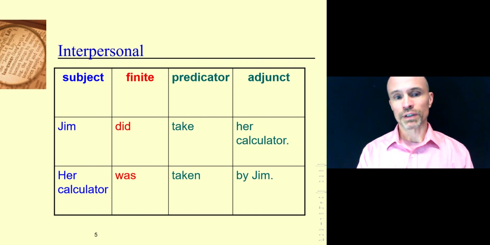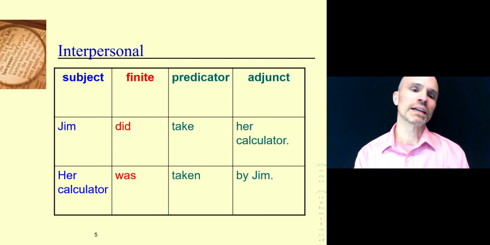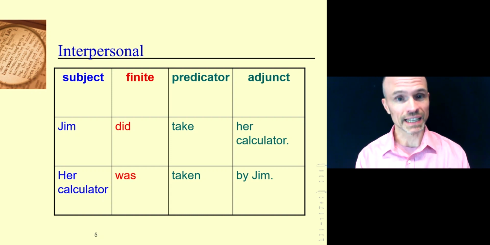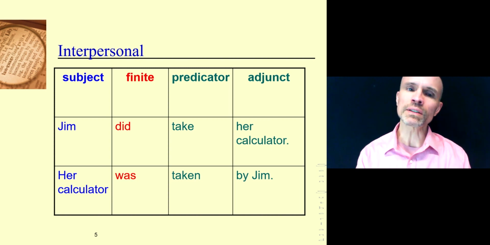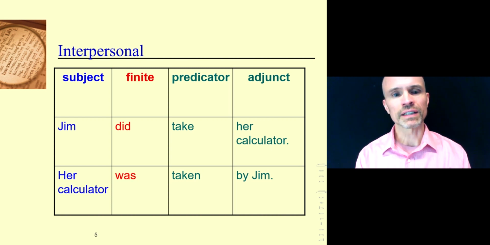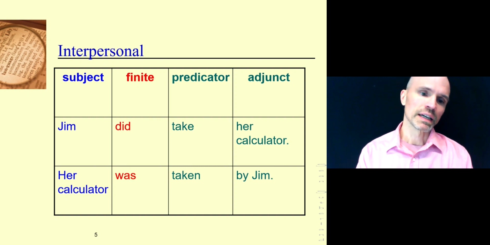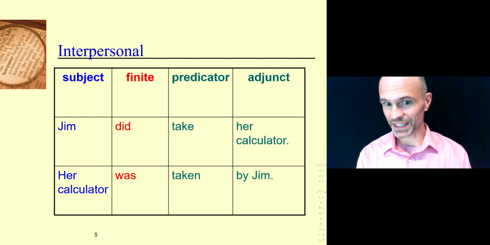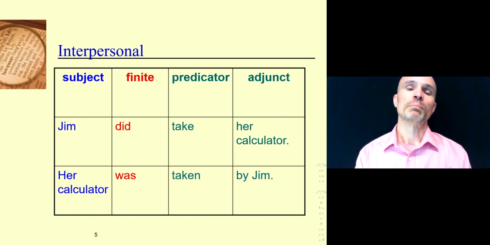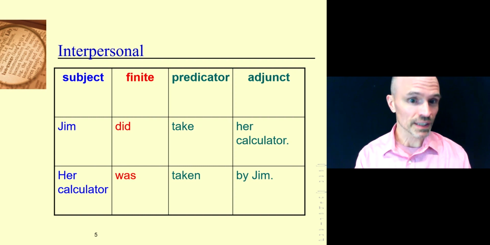Now, in the first one, Jim did take, you'll recognize that as the subject because Jim was the one who did the taking, right? In the second one, her calculator is definitely the subject, right? It's grammatically the subject. But then you'll realize, but the calculator didn't do anything here. Well, you're right, Jim still did the taking, but the calculator is the subject.